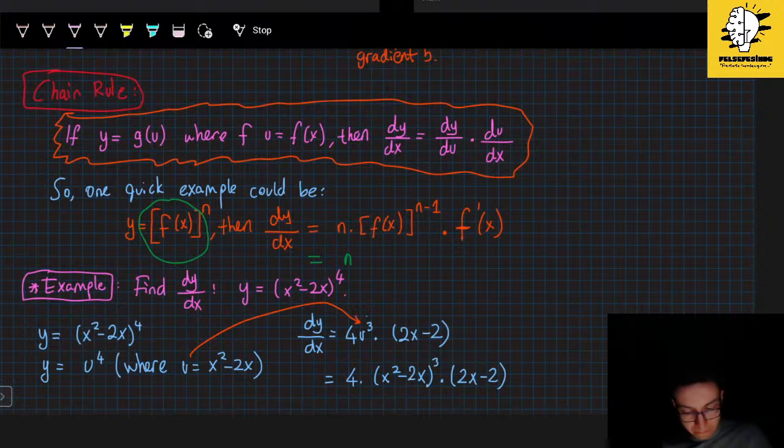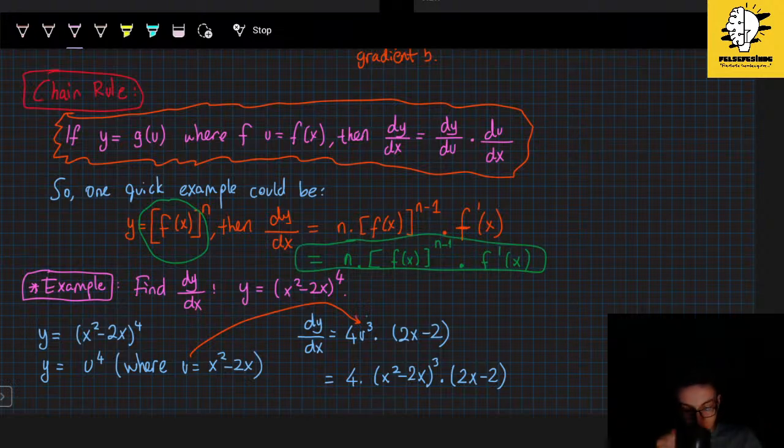It is n times f(x) to the power of n minus 1, and we have one more thing here. We have the f(x) function, and let's take its derivative as well. And as you can see, it is a simple thing, but you have to be very careful.